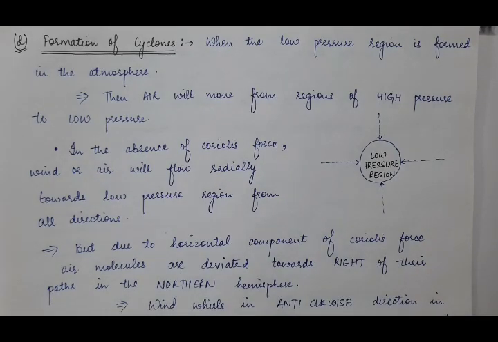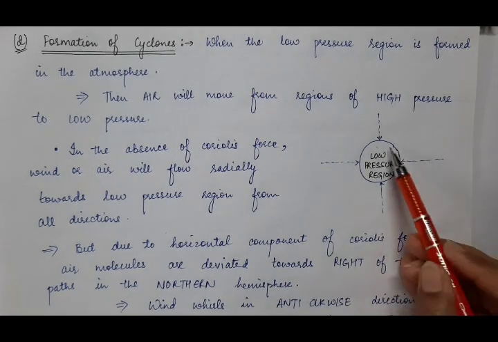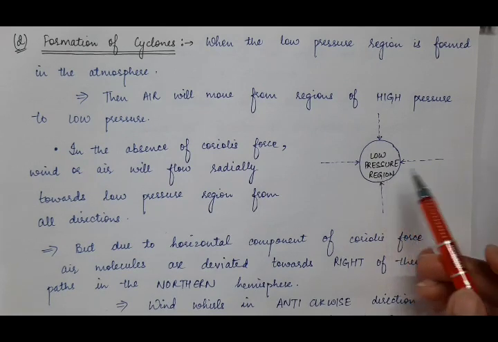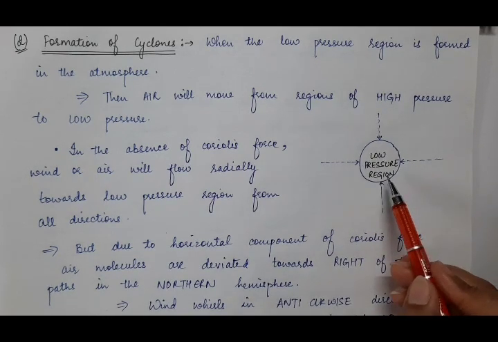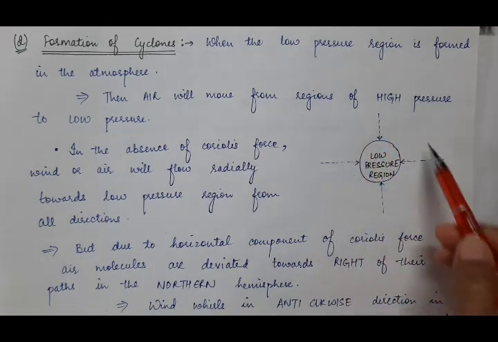And the second geographical consequence is the formation of cyclones. So why do cyclones form? Whenever a low pressure region is formed in the atmosphere, suppose this is a low pressure region, then the region surrounding it is a high pressure region.